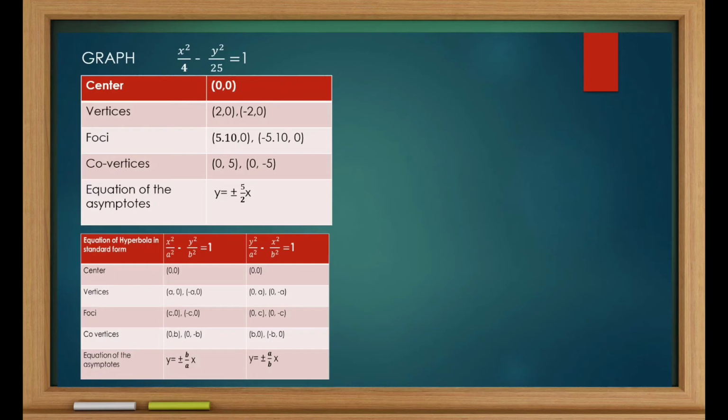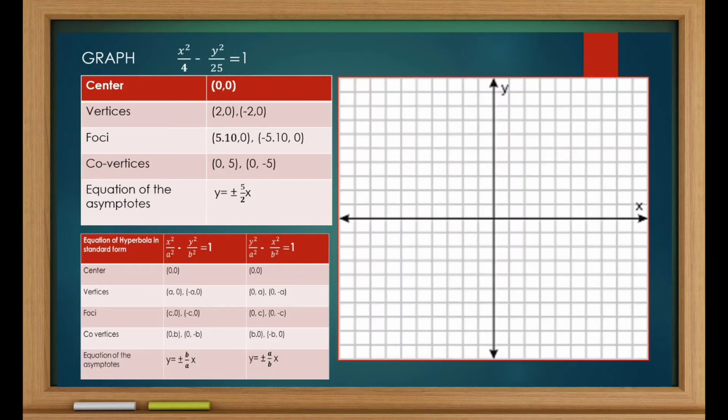After looking at the values, using the Cartesian coordinate plane, we will plot these values. So we have the center at the origin 0, 0, vertices, foci, co-vertices, and then we will use the central rectangle so that we can plot the line of the asymptote properly.